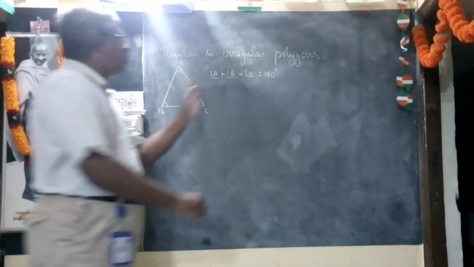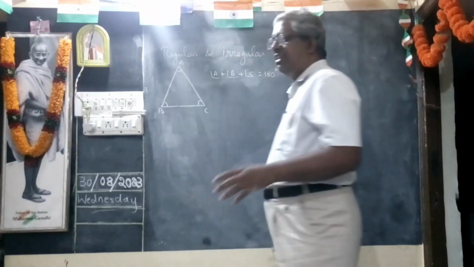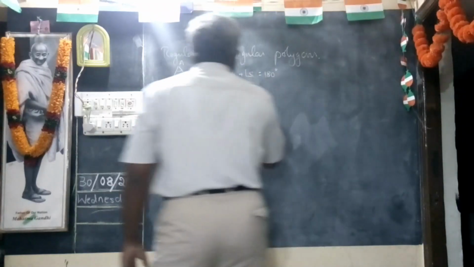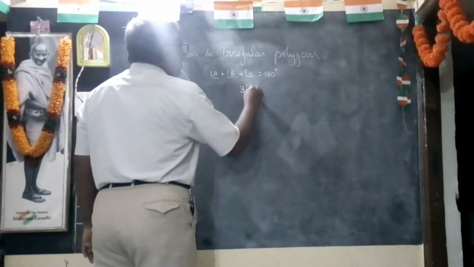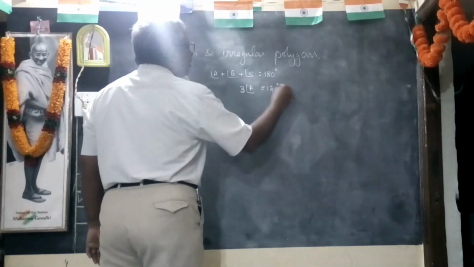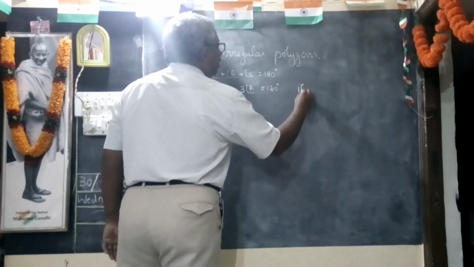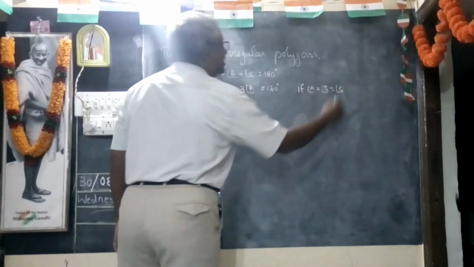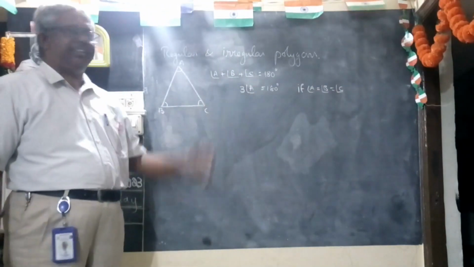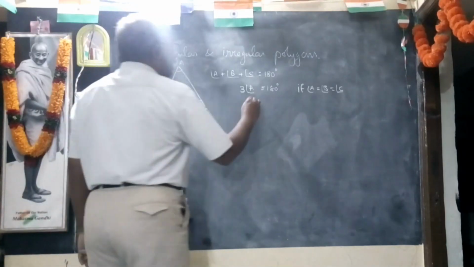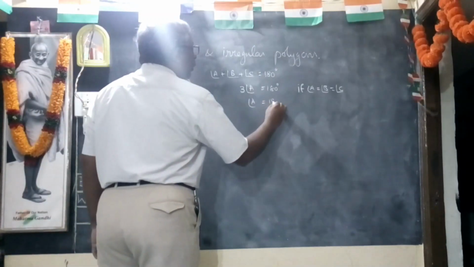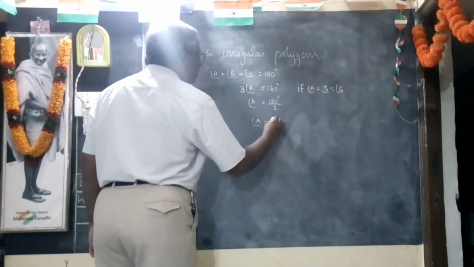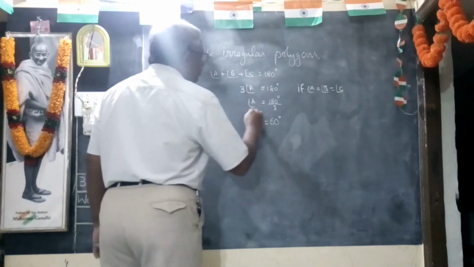Okay, if I say all the three angles are equal, how do you see? 3 times angle A is 180 degrees. If angle A is equal to angle B is equal to angle C, then angle A is how much? 180 degrees divided by 3, and angle A should be what? 60 degrees.